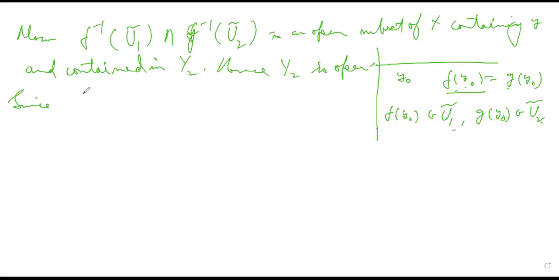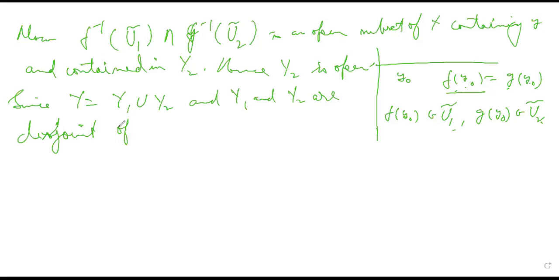Since y equals y1 union y2, and y1 and y2 are disjoint open sets, right?